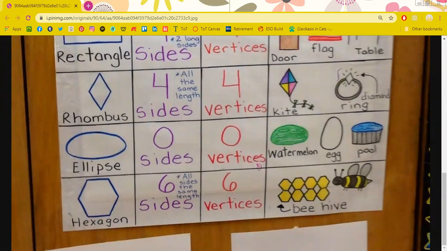So let's say I told you I want a shape with 5 sides and 5 vertices.